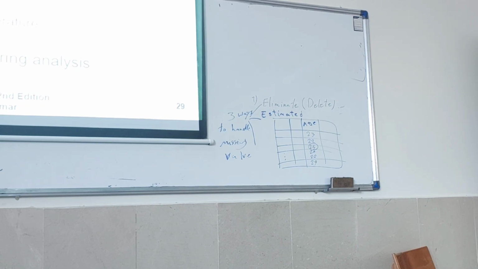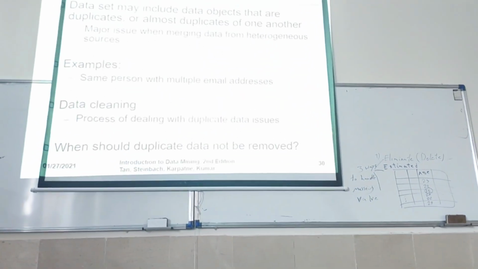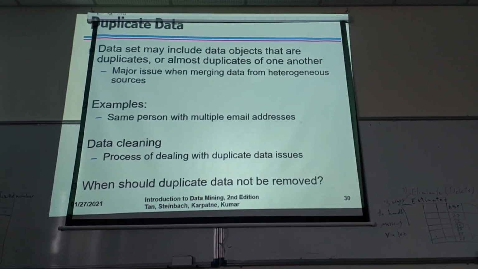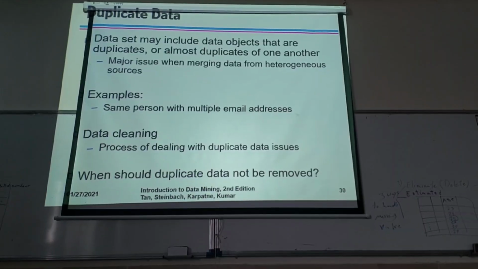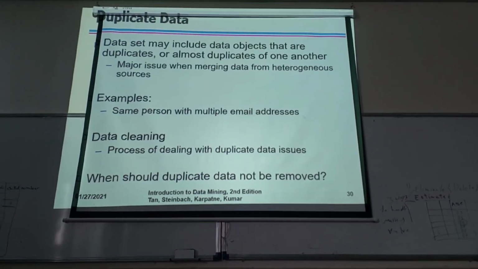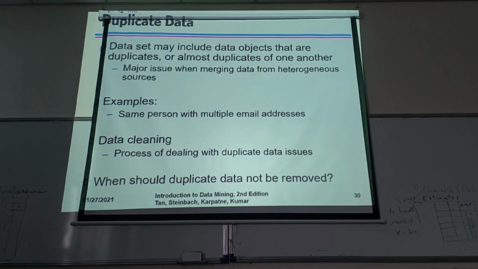And this is a characteristic of data. Another characteristic of data is duplicated data. We have some duplicated attribute values in the data.